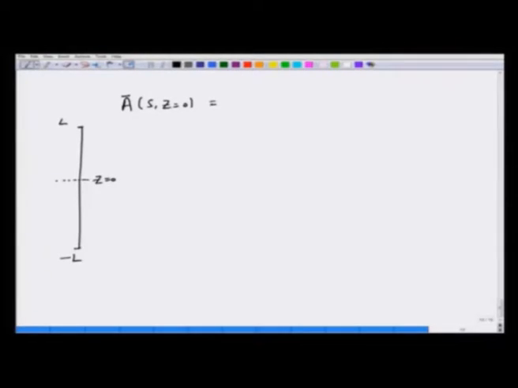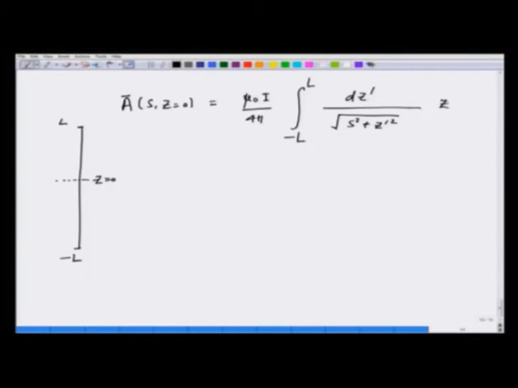This is going to be equal to mu naught I over 4 pi integral minus L to L dz prime over square root of s squared plus z prime squared.